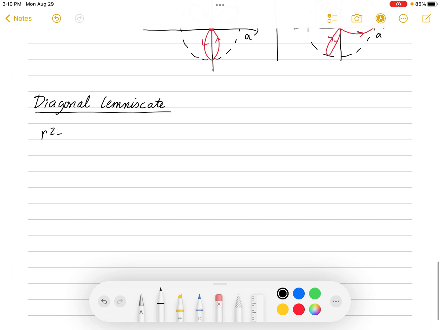So we often write that as r squared equals a squared times the sine of 2 theta, where a is a constant and the angle theta is between 0 and 2 pi. Another way you'll see this, sometimes you'll see this as r equals a times the square root of sine of 2 theta.